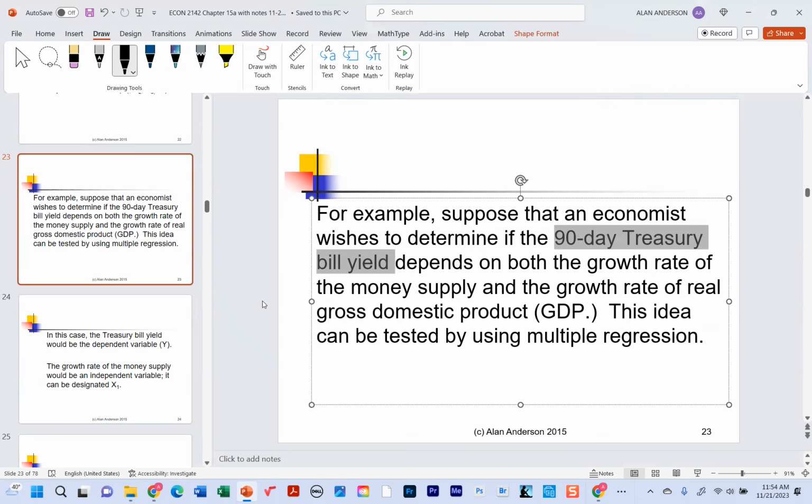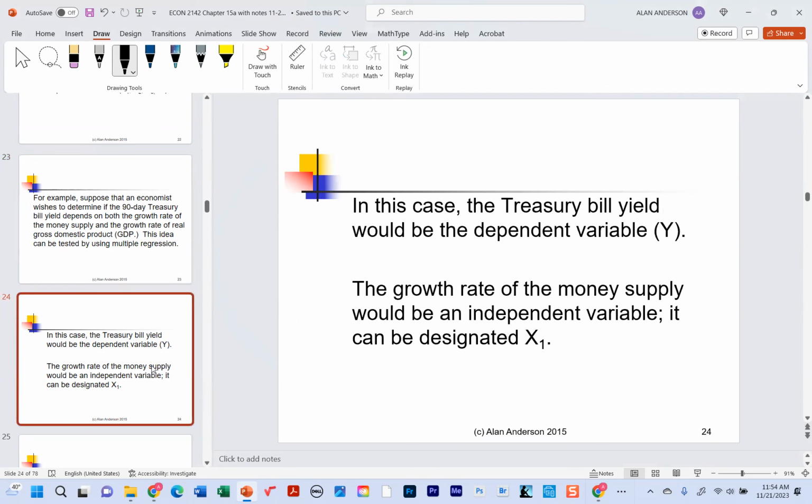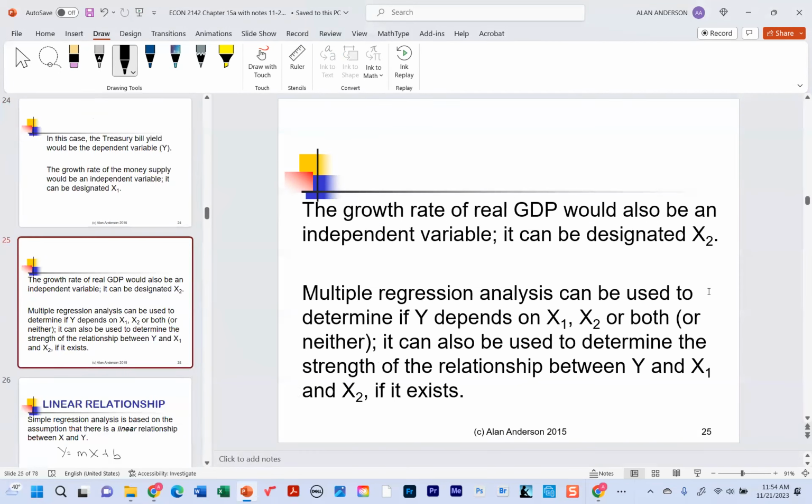That would be Y. But now all of a sudden we have two independent variables. The growth rate of the money supply is X1, and the growth rate of the real GDP, we'll call it X2. So that means what we're analyzing is the relationship Y equals F of X1 and X2. And that requires us the use of multiple regression.